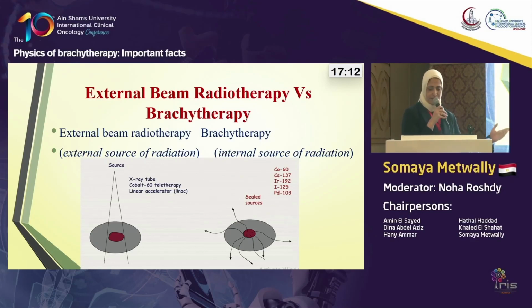In brachytherapy, as is obvious from the figure, the sealed sources are inside the patient, and we have multiple radioactive isotopes. The very famous ones are cobalt-60, cesium-137, iridium-192, iodine-125, and palladium-103.